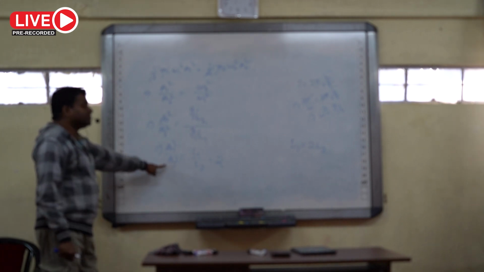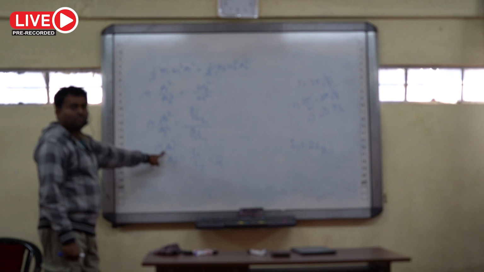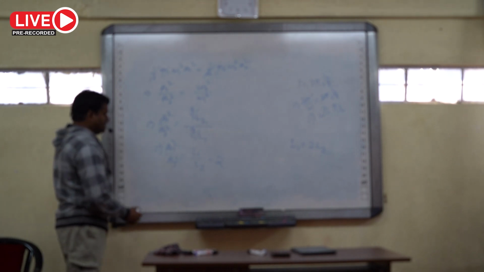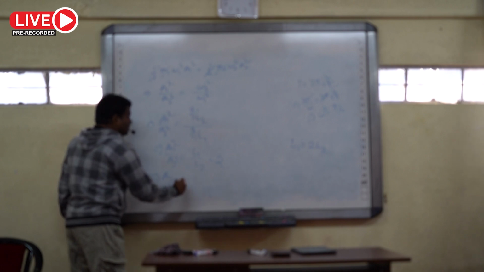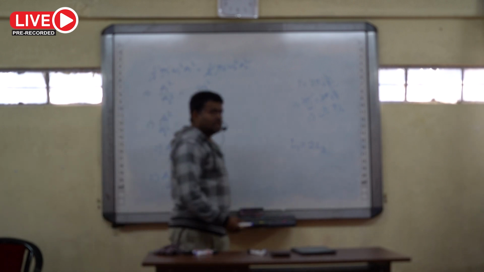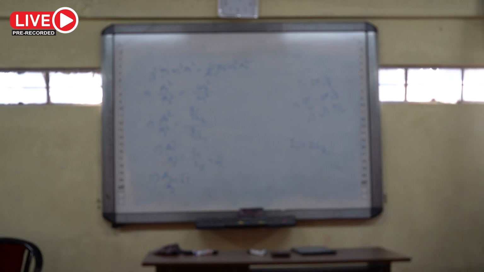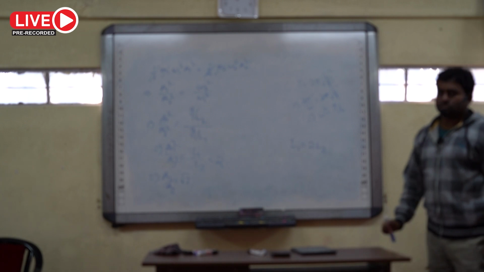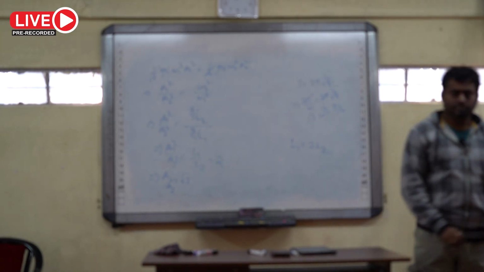So A1 by A2 equal to root 2, which is obviously greater than 1. So A2 is smaller than A1. So the amplitude of the second pendulum is smaller than the first pendulum. So option B is correct.